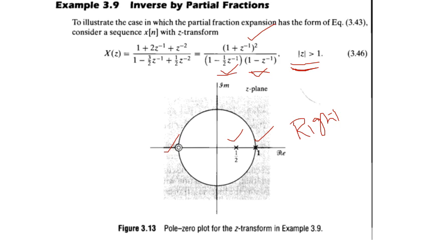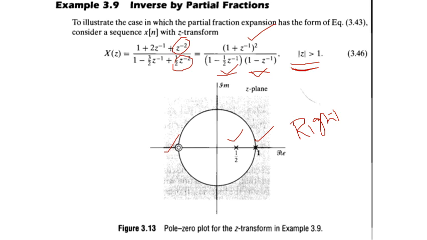z greater than 1. Now one thing to note is that we cannot apply partial fractions here, because the degree of the numerator is equal to the degree of the denominator. For partial fractions to be applicable, the order or the power of the denominator must be greater than the numerator.